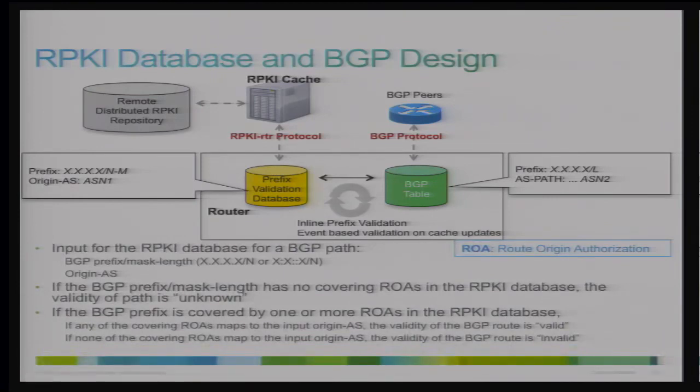If it has a covering ROA and the origin matches the AS number, it is valid. If it has a covering ROA and the origin doesn't match, then it is invalid. If it doesn't have a covering ROA, which means the entry is not in the RPKI database, then the status is unknown. So it has three different states.